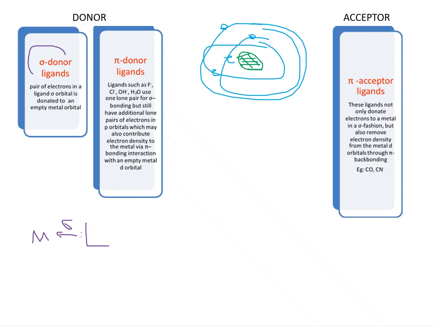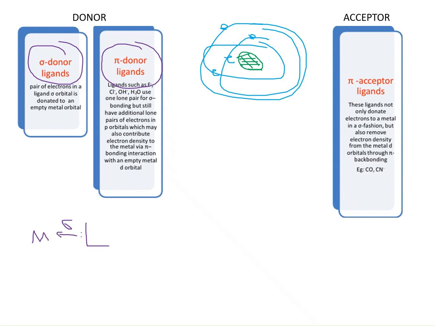So what is a sigma donor ligand and a pi donor ligand? A sigma donor ligand is when the ligand donates a pair of its electrons to the empty metal orbital. So a pair of electrons in the ligand sigma orbital is donated to an empty metal orbital.